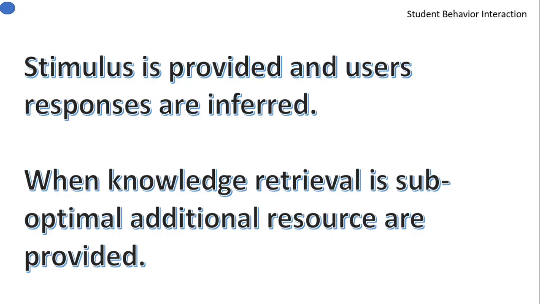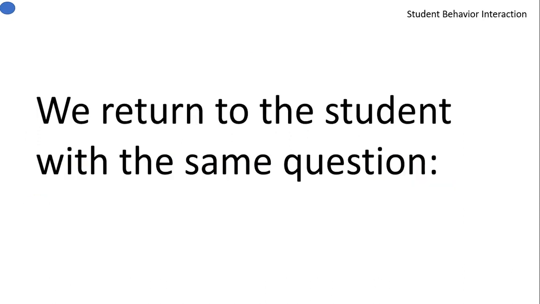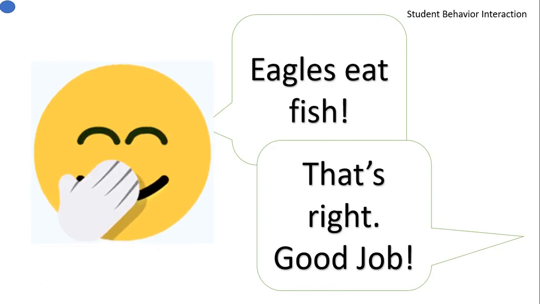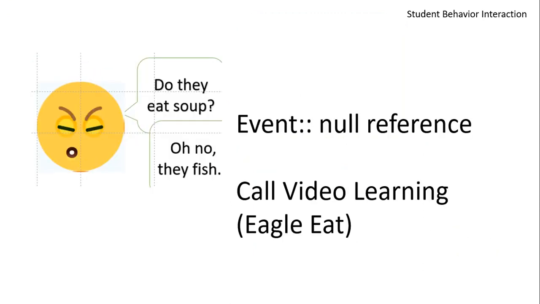After the exposure to the resource, the student can then again be quizzed about the information. If the student has been educated, the next question can be presented. If not, another presentation of the concept can be offered. Teachers do this every day with every student in the classroom.